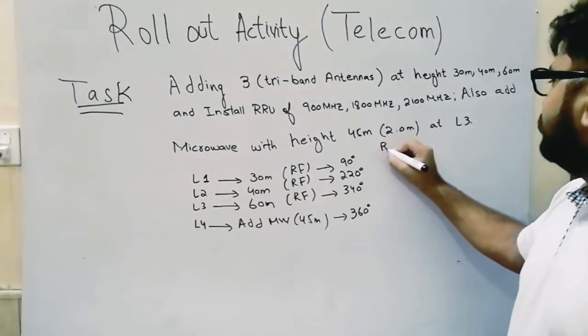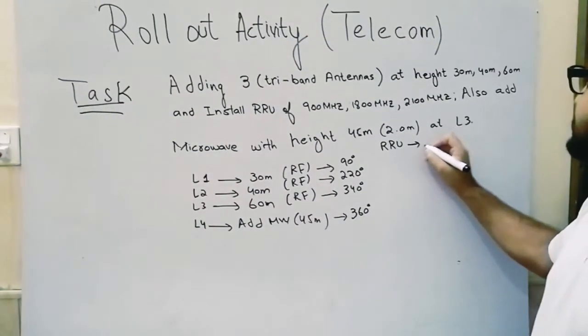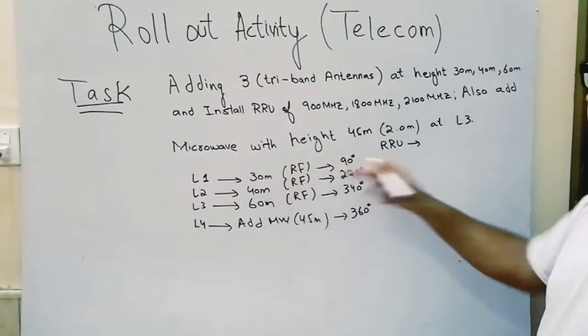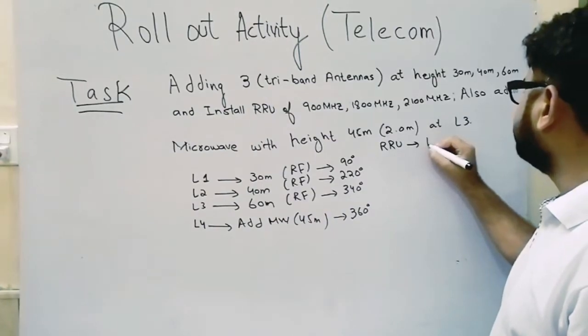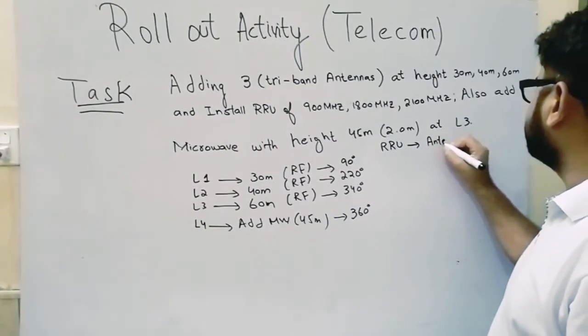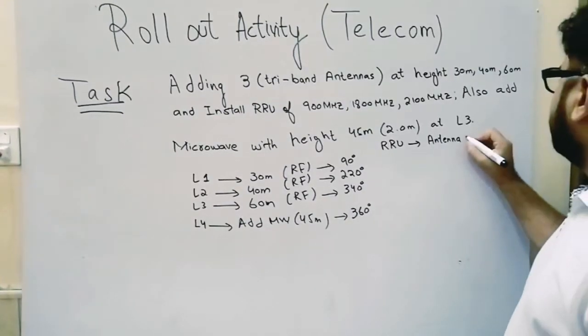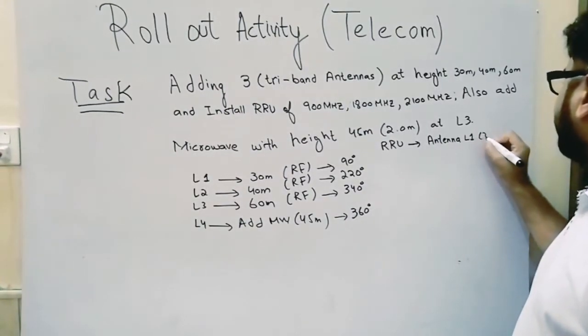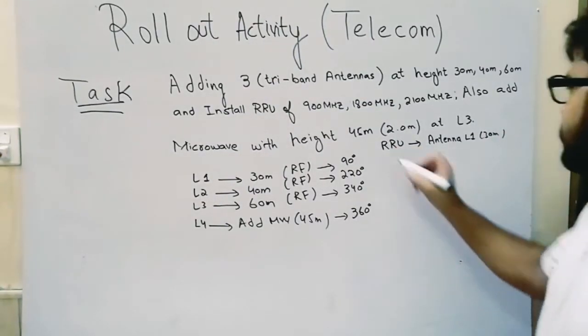For RRU, add this with leg 1 for the sector 1 antenna, leg 1 at 30 meter. At the back side of the antenna you will install this RRU 900.